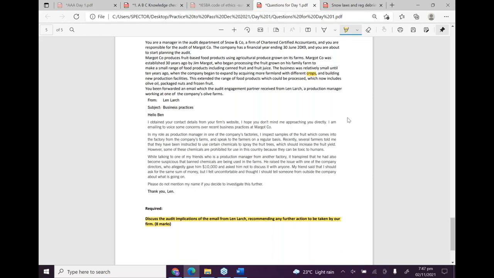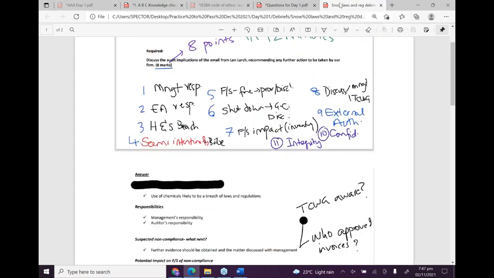It's in my scribbly writing, so apologies for that. I wanted to make sure you cover this step by step. Yep, the issue needs to be told to those charged with governance, Shalanda. That's a separate mark.